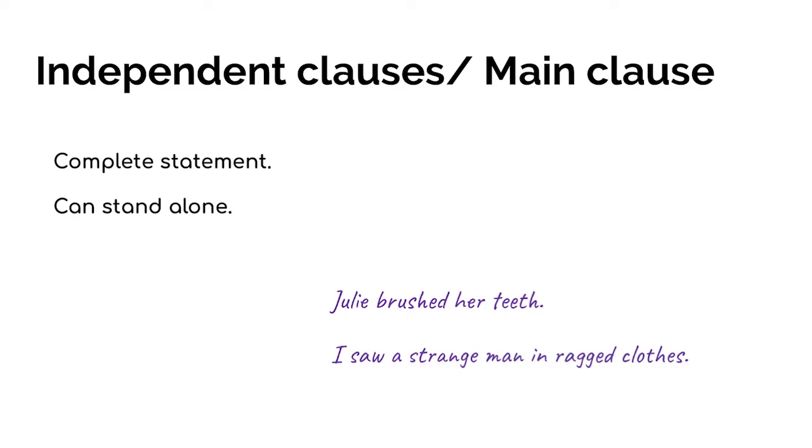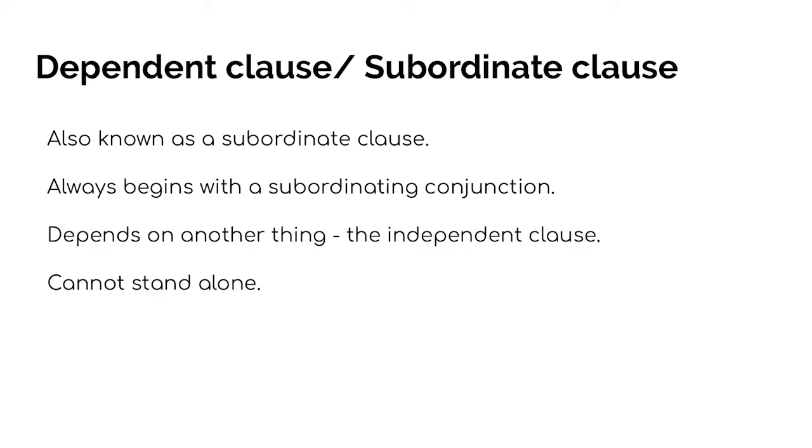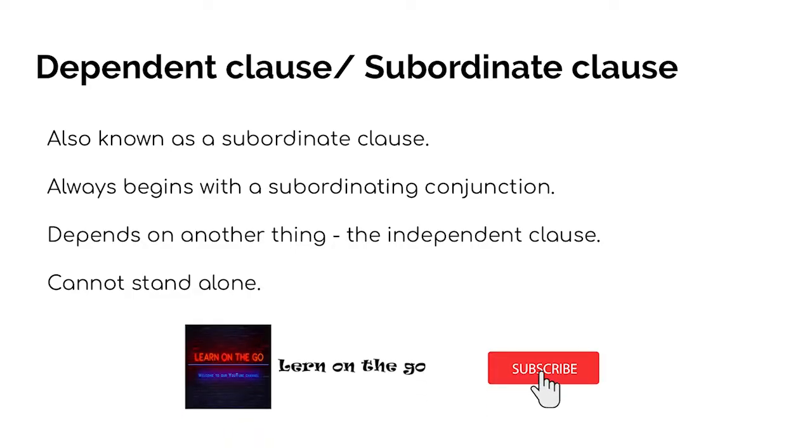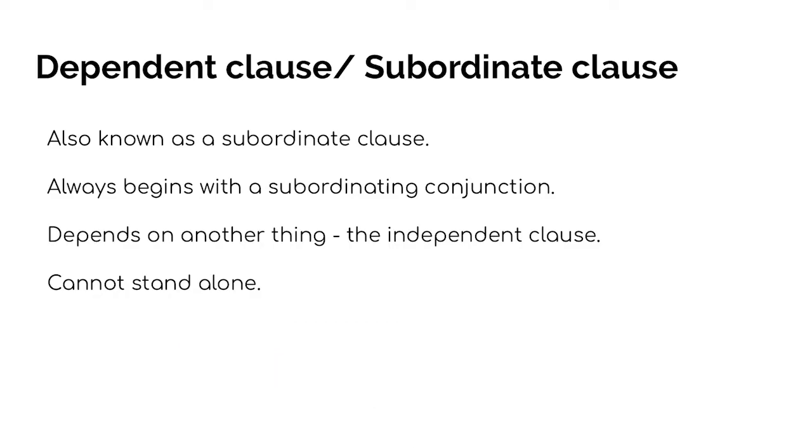So, what are dependent clauses? A dependent clause is also known as a subordinate clause. An easy way to remember this is that a subordinate clause always begins with a subordinating conjunction. We will be looking at them further in the video. A dependent clause, as the name suggests, depends on another thing. So, what does it depend on?